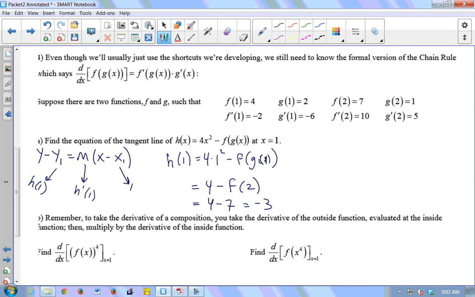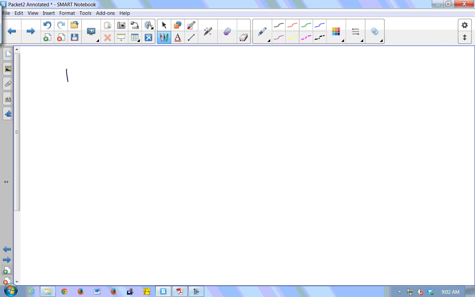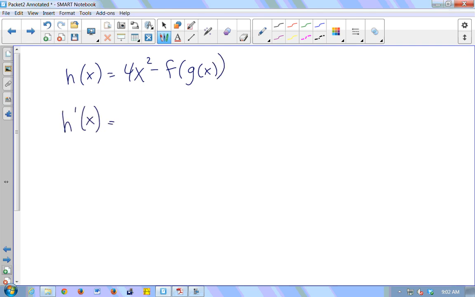All right, so that's what I've got for y1, and then I just need the slope. I need h prime of 1. And I think I need more room. So 4x squared minus f of g of x. Okay, so h prime of x, the two terms that are separated by subtraction, you can take their derivatives separately.